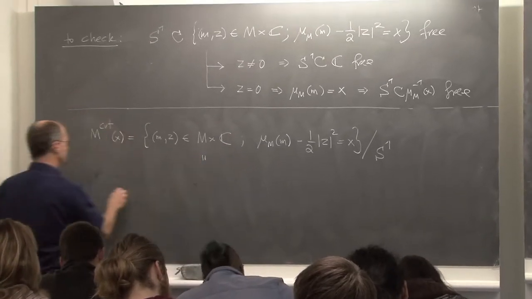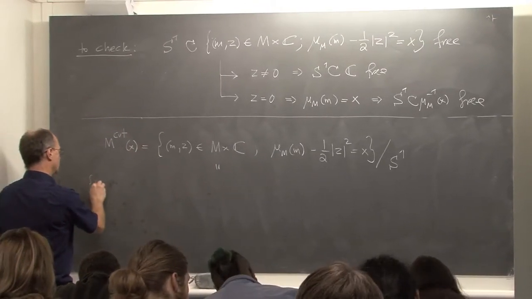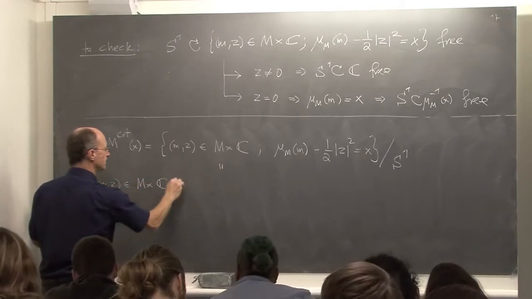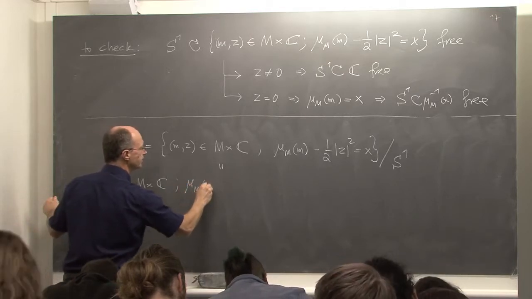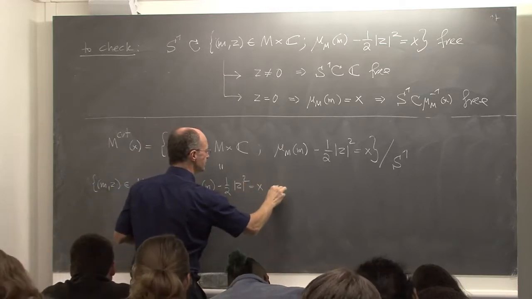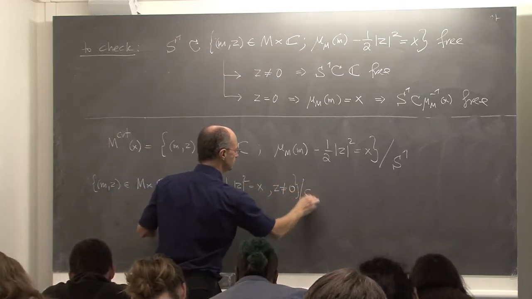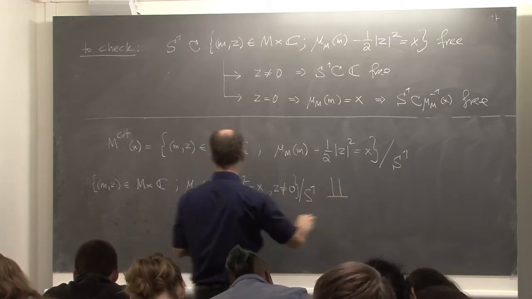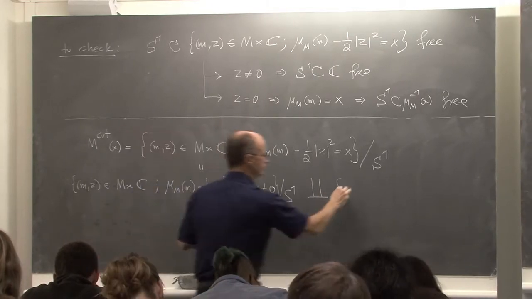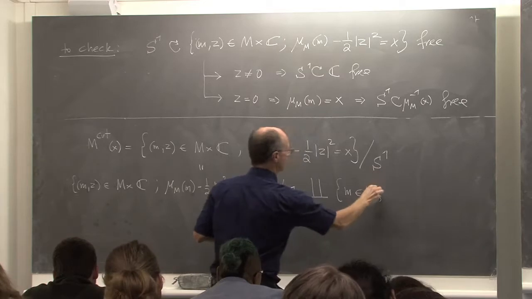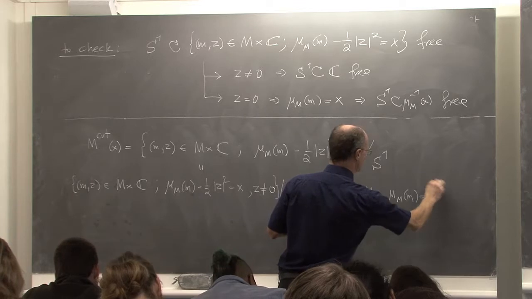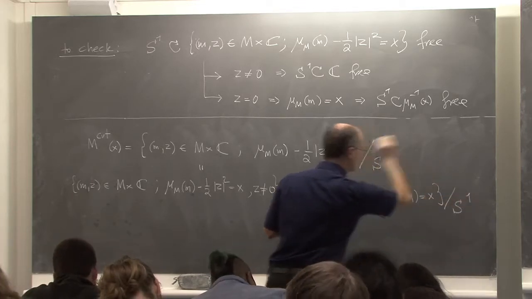So this is equal to the set of M, Z in M cross C, with mu M of M minus 1/2 Z squared equal to X and Z non-zero, mod S1, disjoint union with the subset where Z is 0, which is M in M with mu M of M equal to X, mod S1.